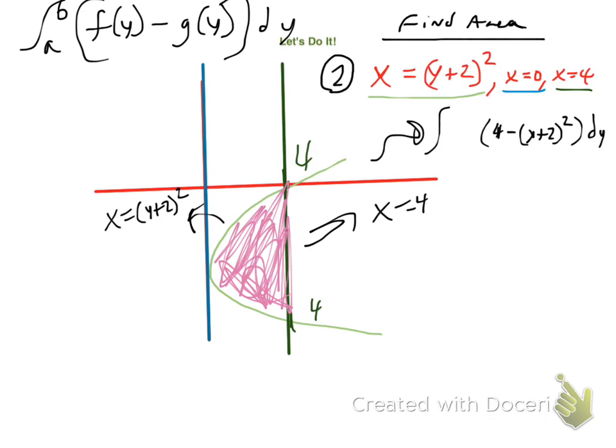And then a to b are our limits. So what actually are those limits? Remember, they have to be y coordinates. So they give us limits in terms of x equals 0 and x equals 4, but we have to get y coordinate limits. So instead of our dark blue and dark green lines, we need y coordinate versions.